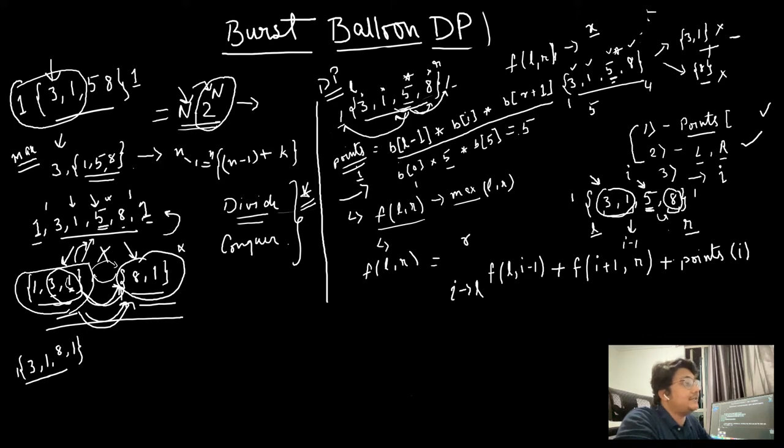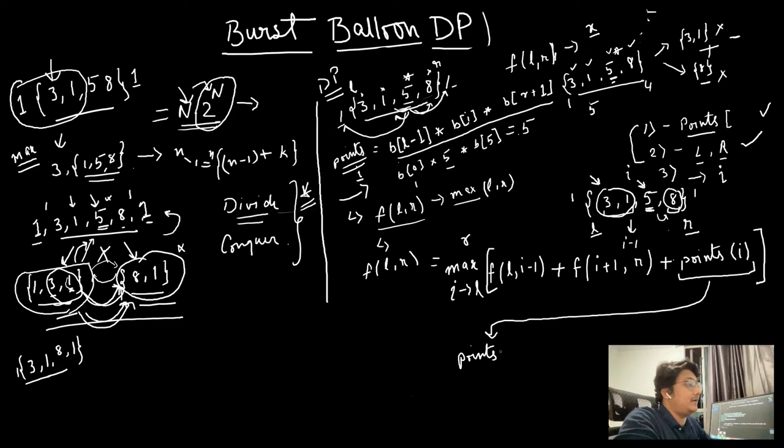Now what is the function which we want to compute on every iteration of I? It's the max function. So we will say max function of this term. Now to break this down even further, how did we define points? Let me write it here so that it's very clear.